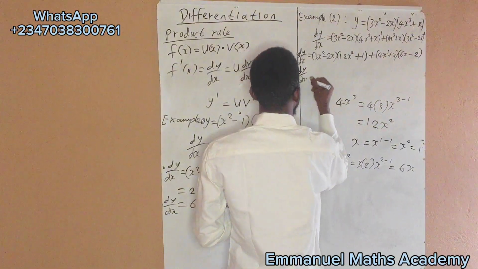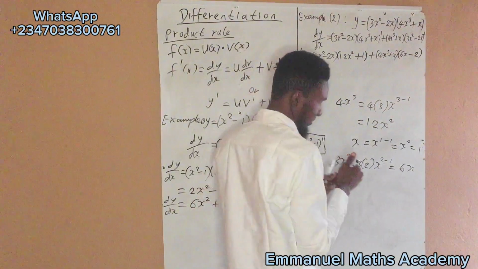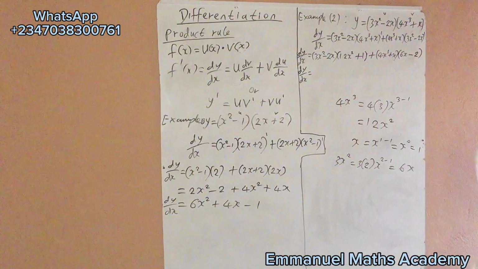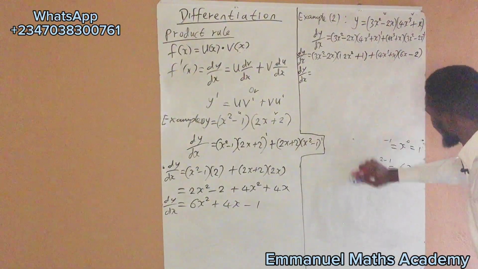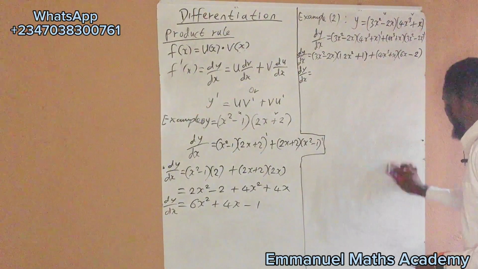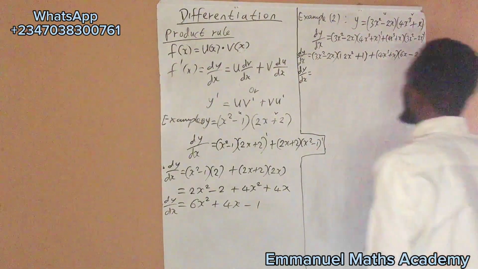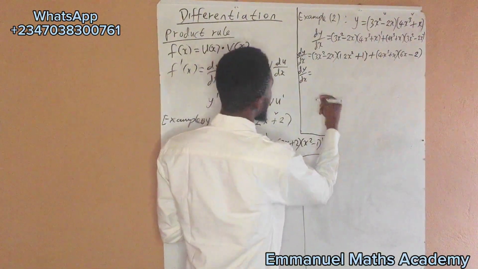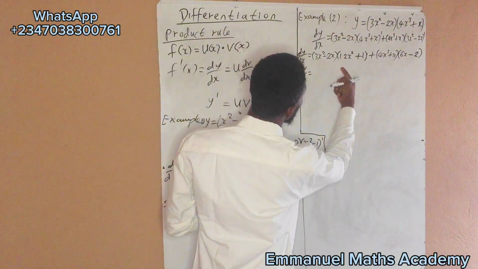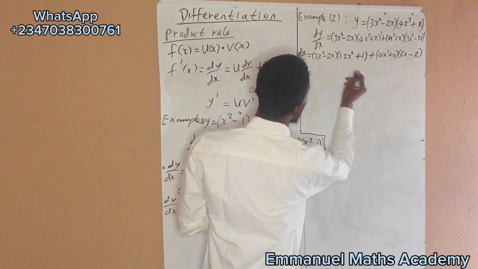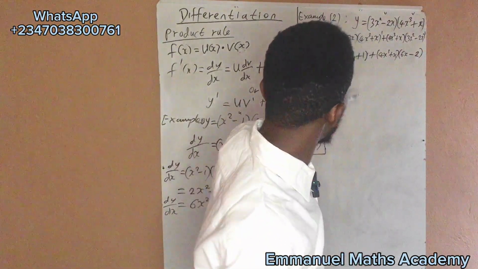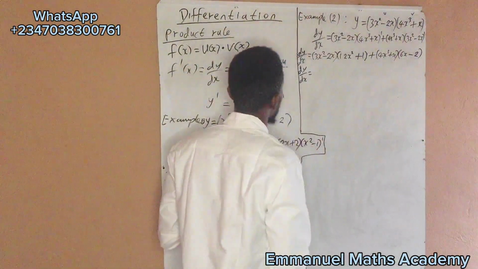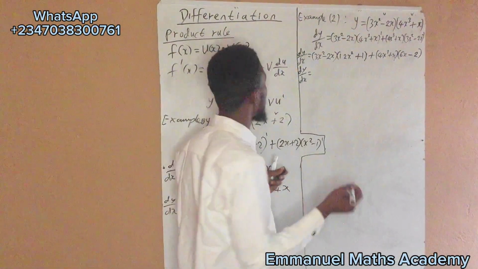Then your dy/dx now becomes, let me clean up this. Your dy/dx now becomes, we open up this bracket using binomial expansion.